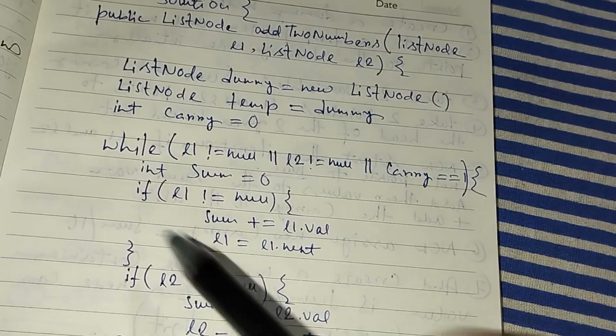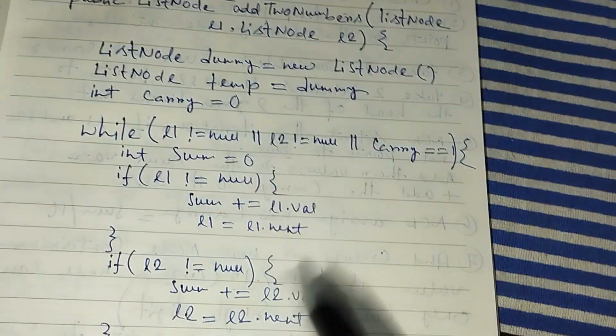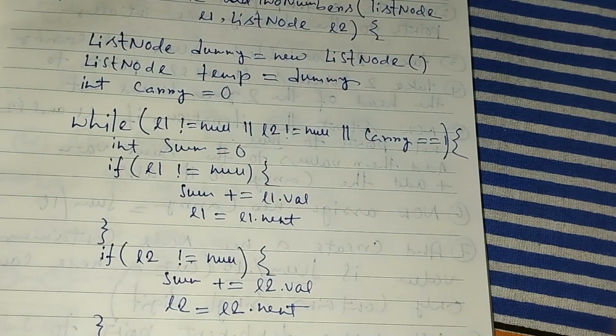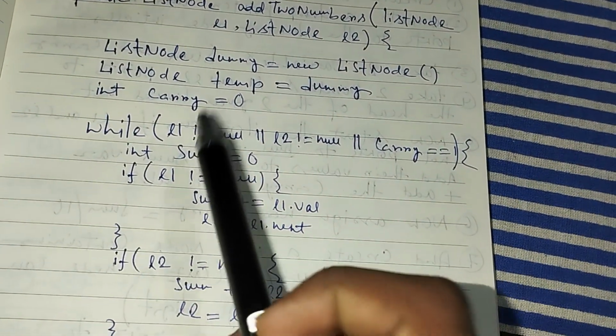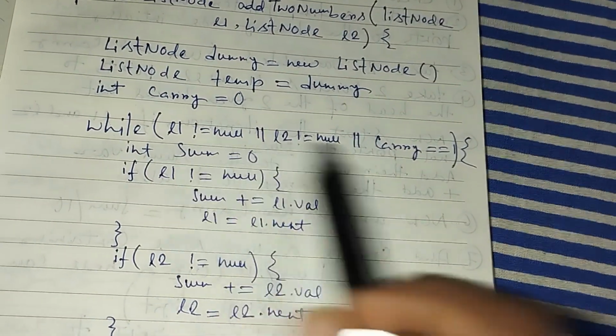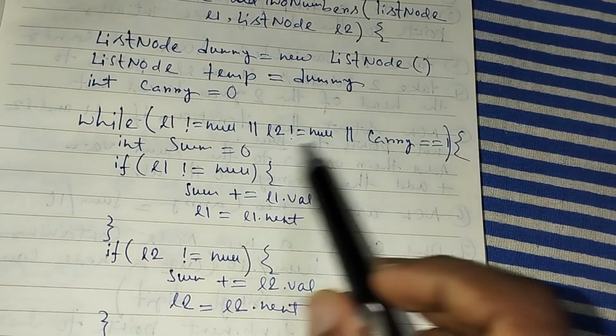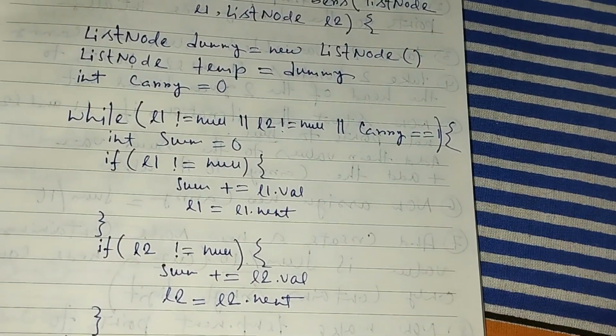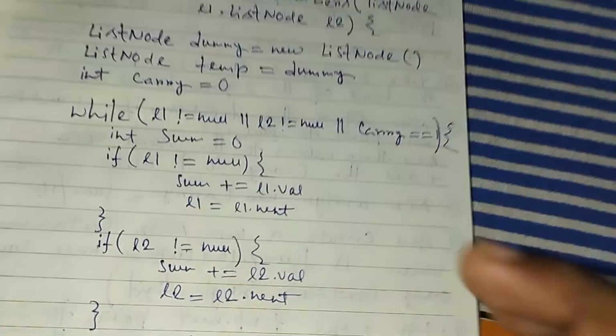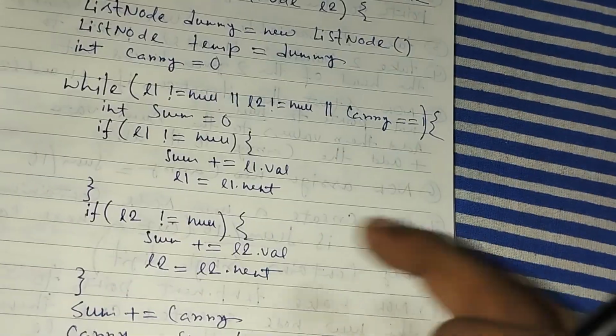And until when are we going to run the while loop? Until L1 equals null, L2 equals null, and carry is 0, meaning carry is not equal to 1. Until then we are going to run our while loop.